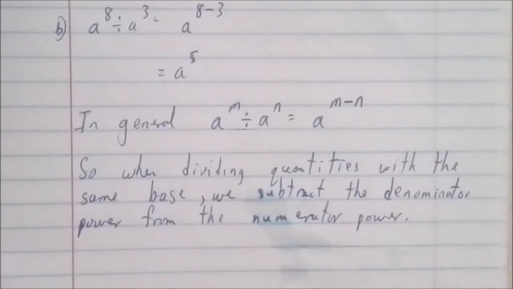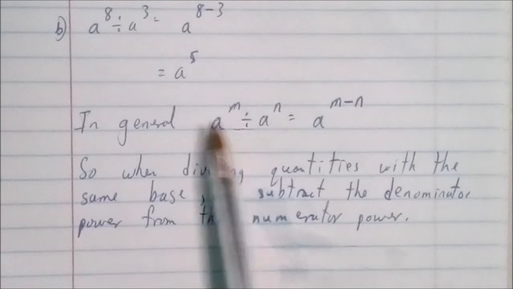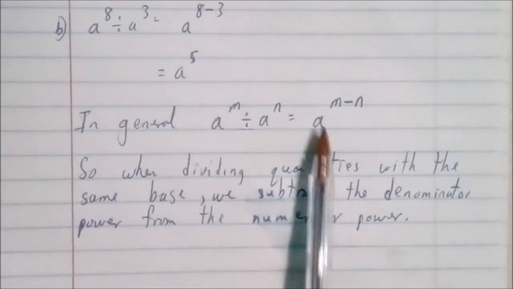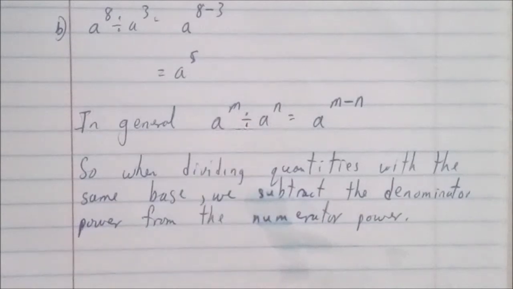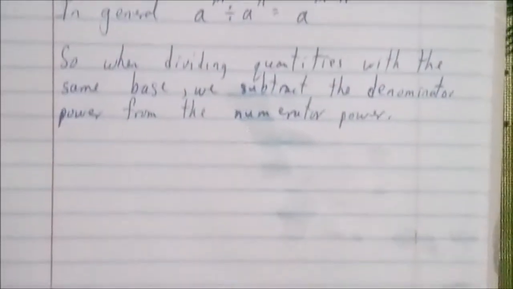That's what that means. So that's all you will need to be doing. So understand this rule. If the bases are the same and it's being divided, you will keep the base and subtract the denominator power from the numerator power. So let's try some examples.